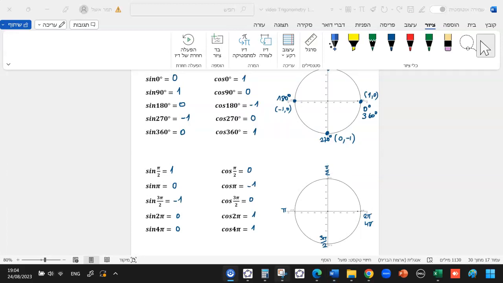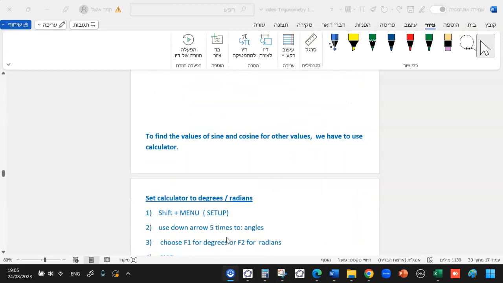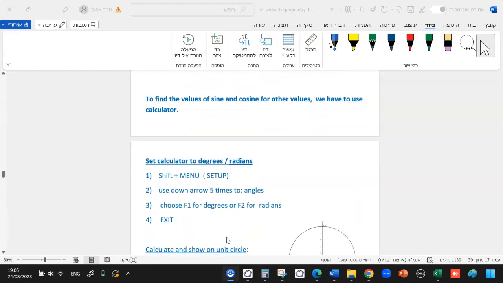What about other values, like sine of 12 degrees or cosine of 4.5 radians? For these values, we will have to use a calculator. But first, we will have to set the calculator to work in the right measure, degrees or radians. Here's how you do it in Casio.